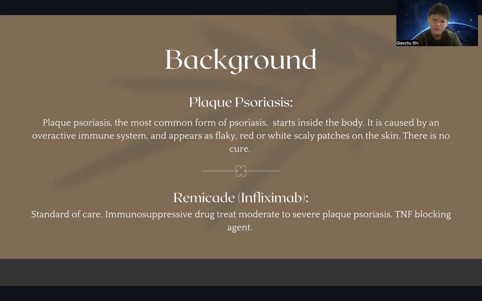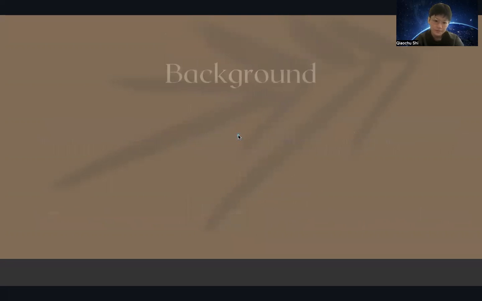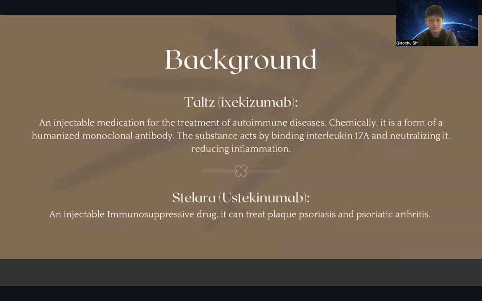The first agent is infliximab, which is the standard of care and the base case in our model. It's an immunosuppressive drug to treat moderate to severe plaque psoriasis. Its drug class is TNF blocking agent. And the second biologic agent is Taltz.